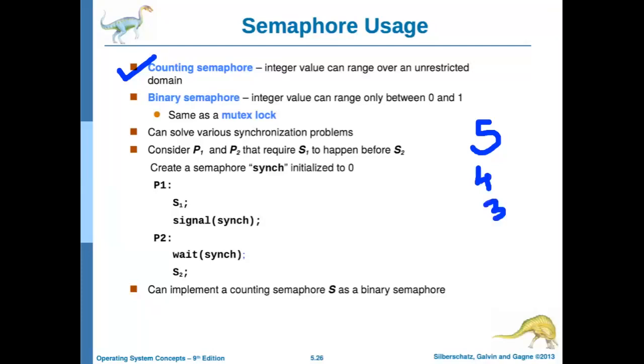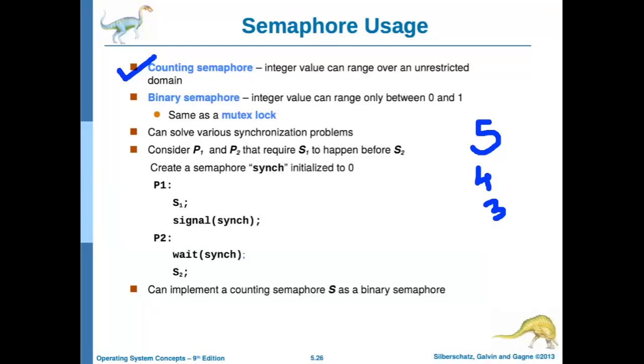Such a semaphore is called a counting semaphore, where it can be utilized to mention the number of resources available. So it is not just whether that resource is available or not, but how many copies of that resource are available. For example, in the producer-consumer problem, whatever the buffer length is, imagine that many items can be stored at a time.